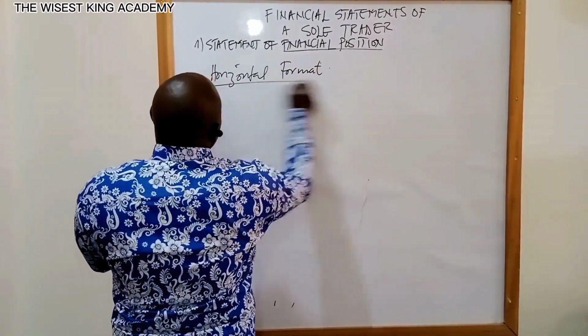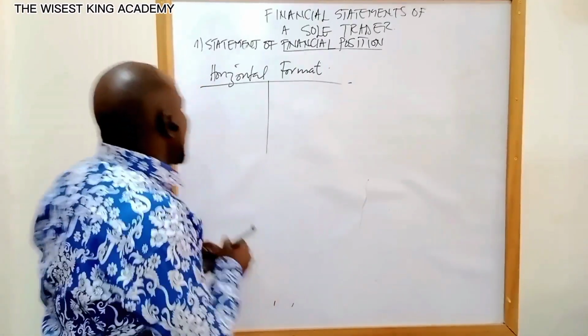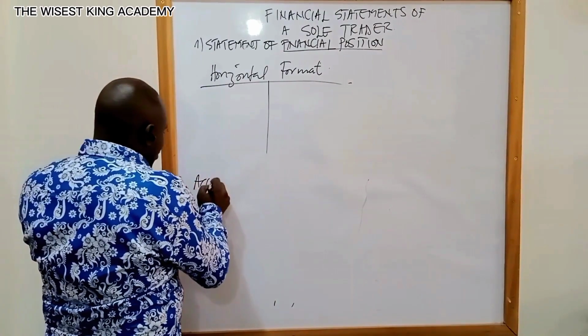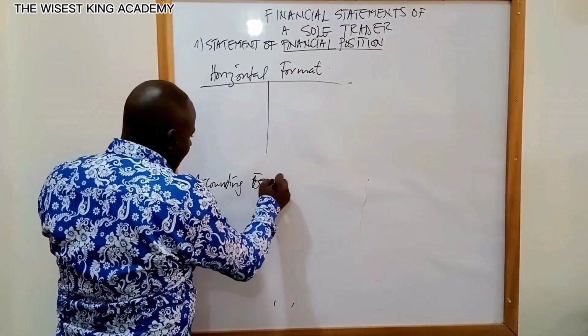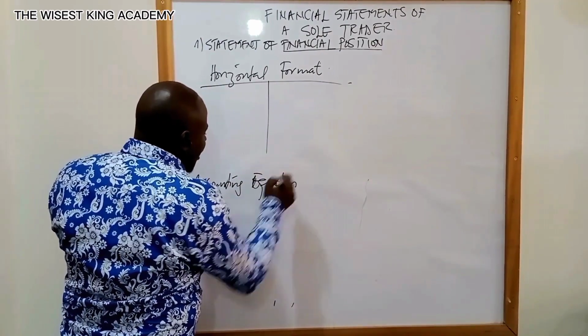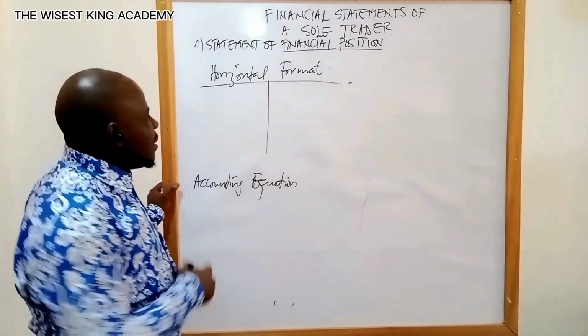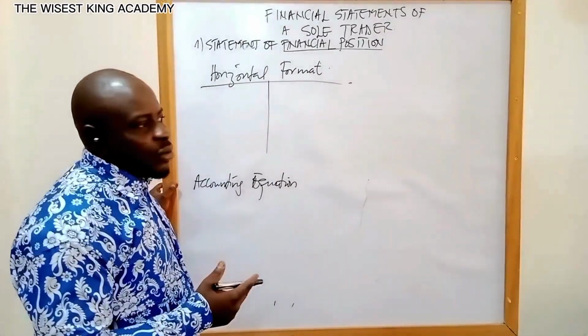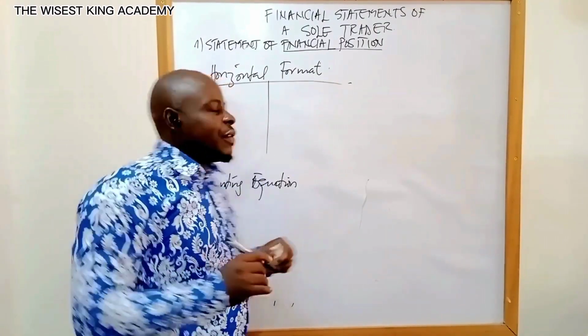The horizontal format takes the form of a T account, and it reflects what we call an accounting equation. The accounting equation is generally called the balance sheet equation or the statement of financial position equation. Why? Because the horizontal format of the statement of financial position reflects this.